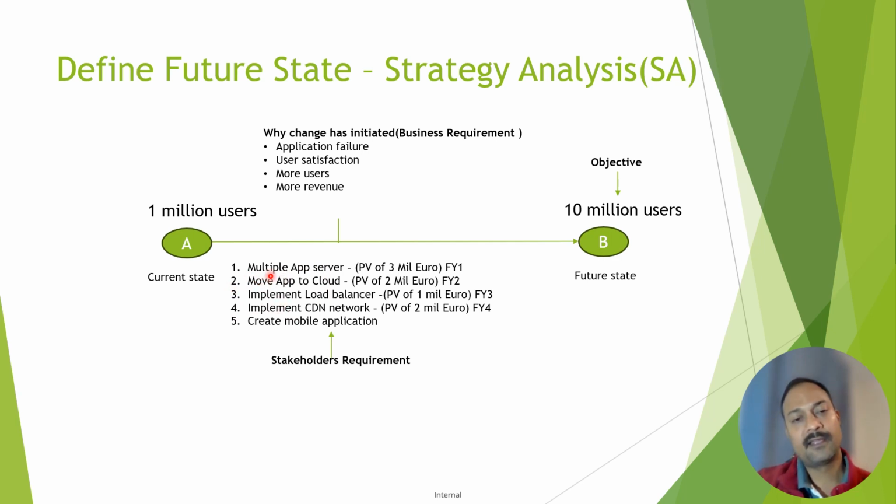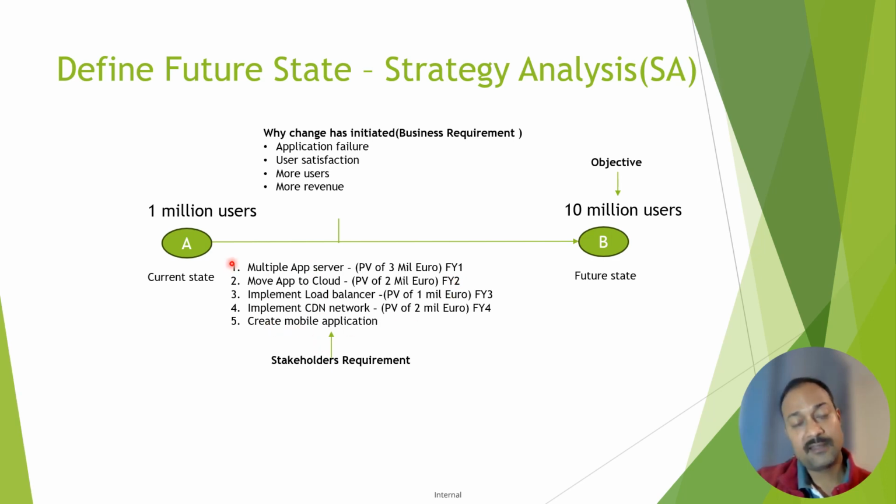You would say, let's install multiple application servers, that would have a potential value of 3 million euros, which we will consider as future state one. So when we are talking about the different options available to reach 10 million users, we come up with different future states. I am considering this as future state one, this as future state two, this as future state three, and so on.